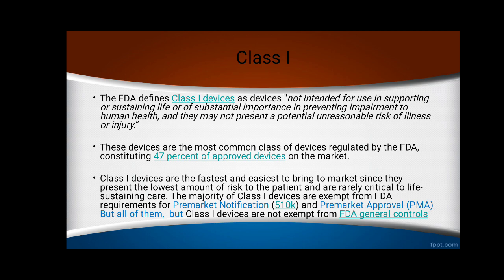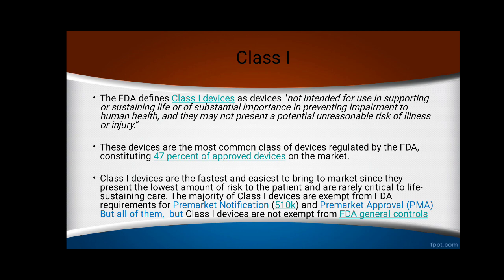Class 1. The FDA defines Class 1 devices as devices not intended for use in supporting or sustaining life or of substantial importance in preventing impairment to human health, and they may not present a potential unreasonable risk of illness or injury. These devices are the most common class of devices regulated by the FDA, constituting 47% of approved devices on the market.